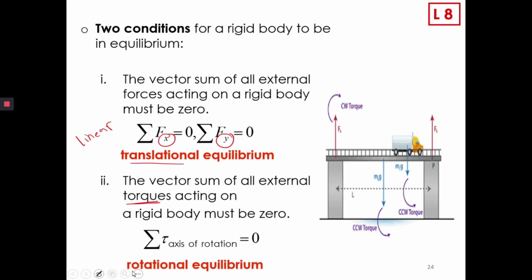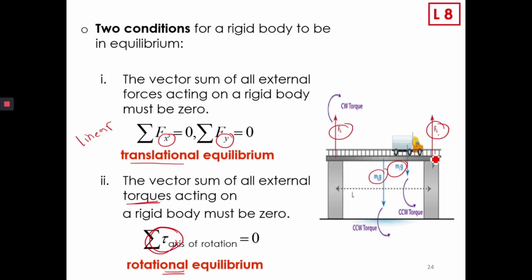Next is your rotational, so your torque equals 0. Example here, as you can see, your forces FA and FB are in equilibrium with M1g and M2g. So downward force balances upward force.